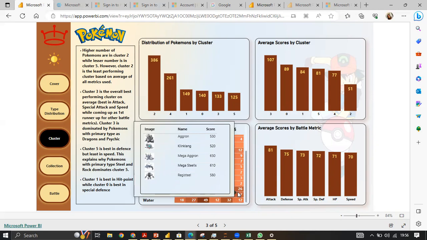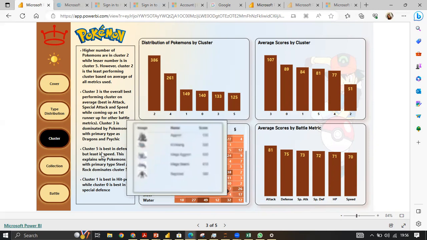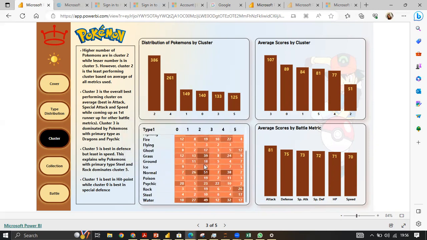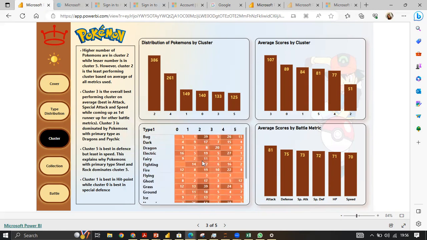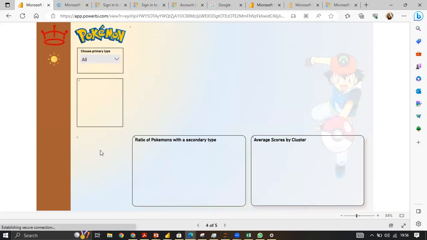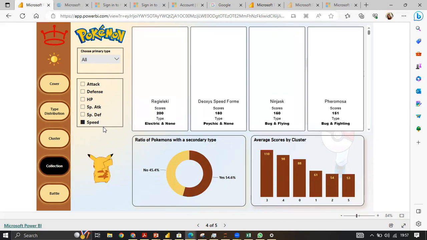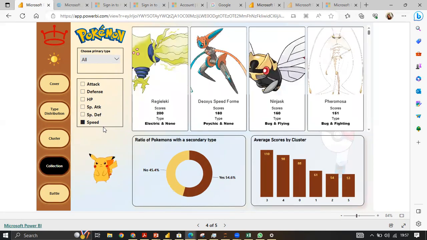So cluster 5 have less speed, and you still have Bug there. So this is what I came back here to. I can't believe I missed that. Okay, talking about speed, cluster 3 is leading on speed with these guys at the top.